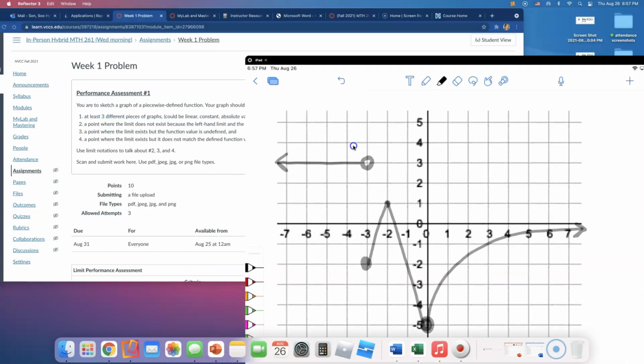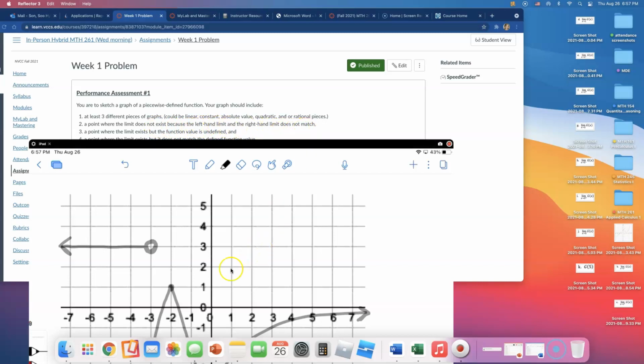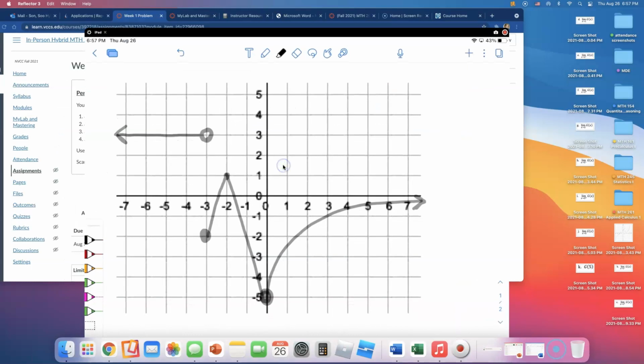But it says a point where the limit does not exist because the left-hand limit and the right-hand limit do not match. I think I have that here. I have an open circle up here and a closed circle here. So the left-hand limit and the right-hand limit are different at x equals -3.